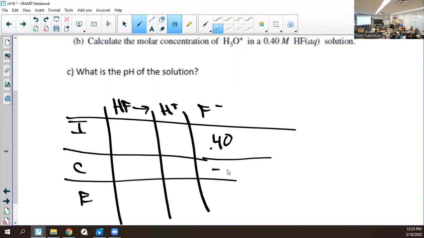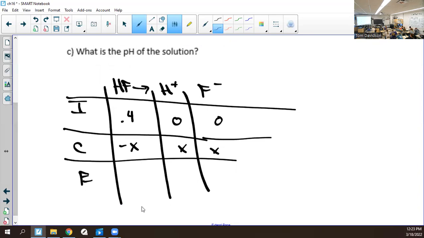I know this is going to go down X. So we knew this is 0.4, right? So we know it goes down X. We know these go up X, correct? And so we would know that our ICE table now is 0.4 minus X, X, and X, right? So we would know that Ka equals X squared over 0.4 minus X.